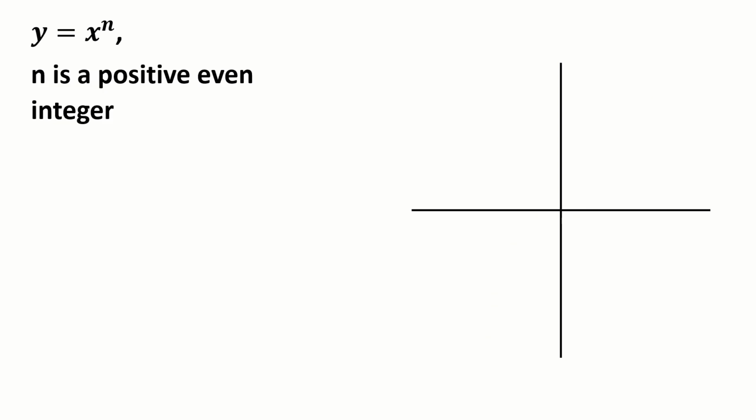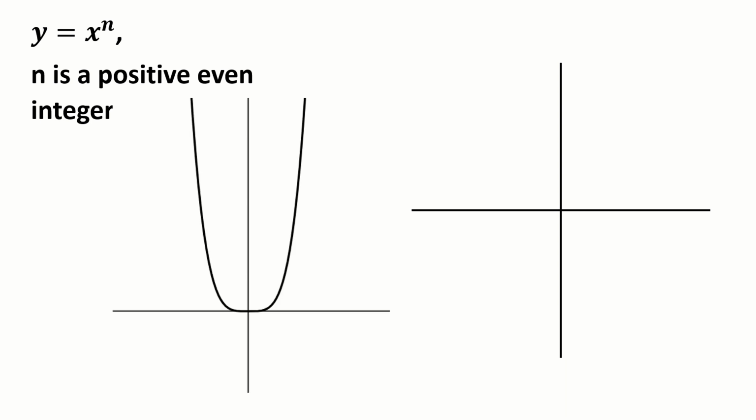Okay, the next graphs we're going to be looking at are all graphs of the form y equals x to the power of something, where that power is a positive even integer. So it's got to be an even number, a whole number, and positive as well. Interestingly, all those graphs of that format look like this, which is very similar to a quadratic.